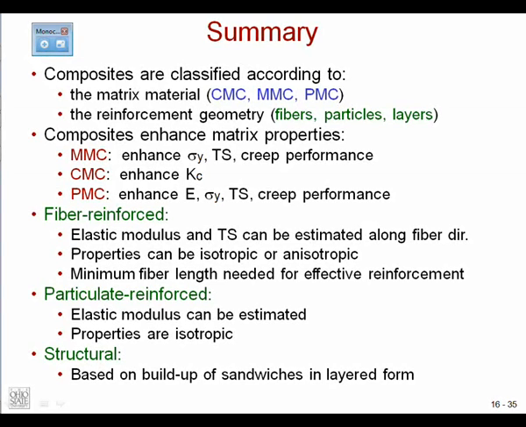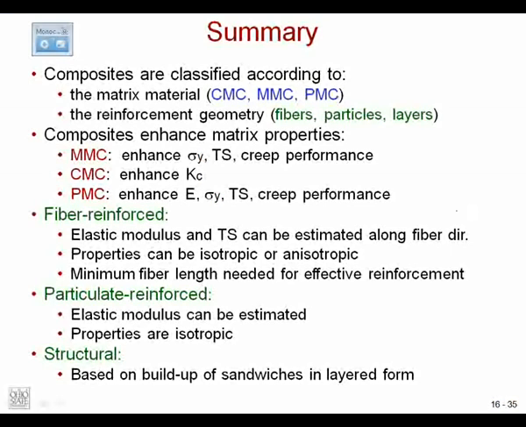The ceramic matrix composites, we're looking to enhance the fracture toughness, so make them able to actually withstand some cracks. Polymer matrix composite, we're trying to make them stiffer and stronger. Polymers are great, light and great cost usually, but they have almost no stiffness or strength compared to the other two.